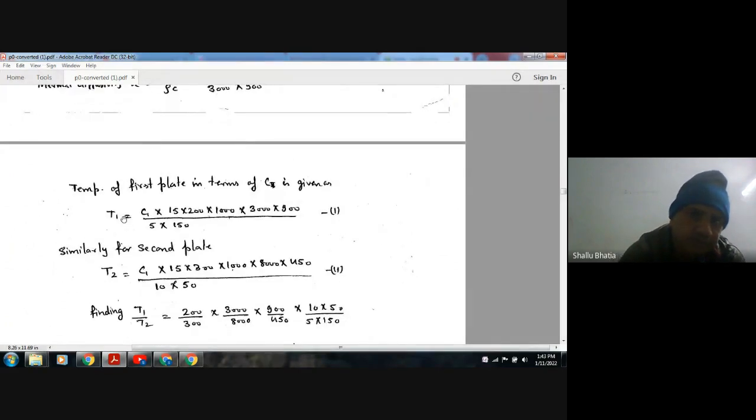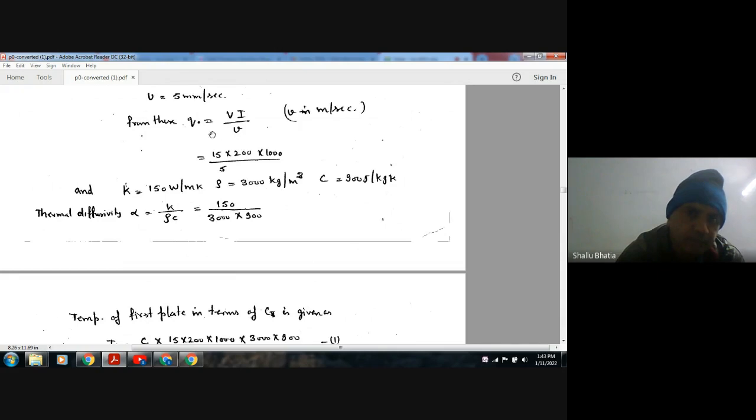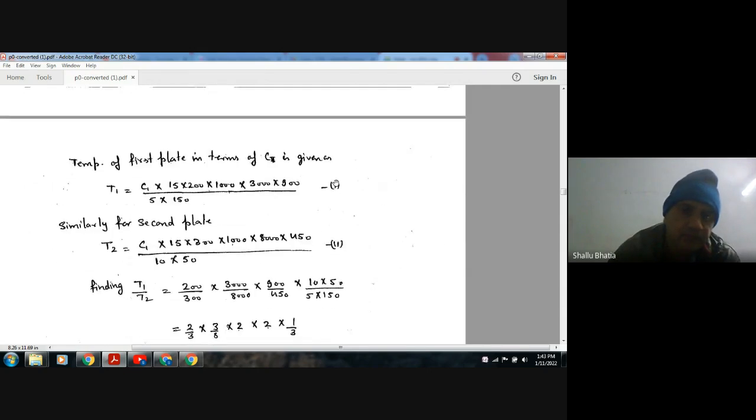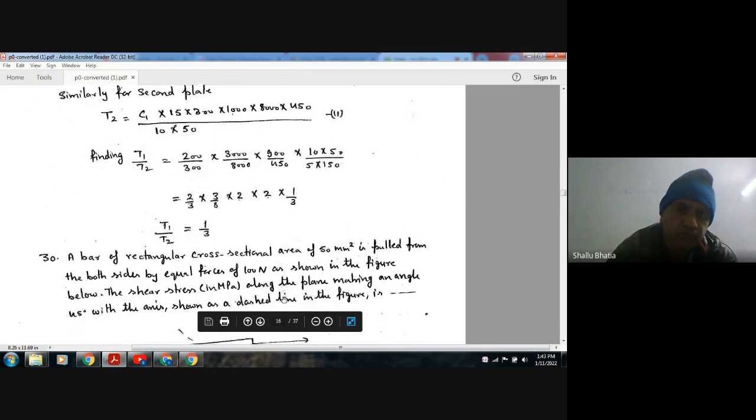Similarly, for the second plate, we calculate V into I divided by small v to get Q, and then find alpha, because their respective values are given. Now if we divide these two, we get T1 by T2 equal to 1 by.